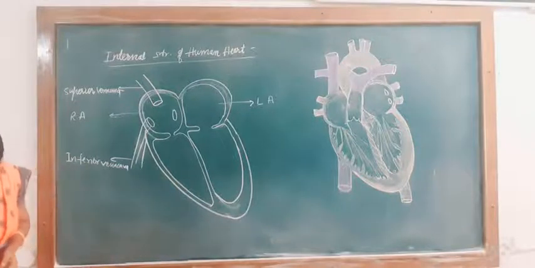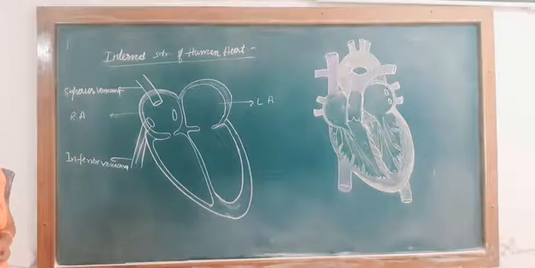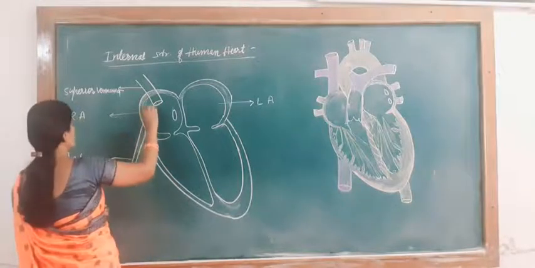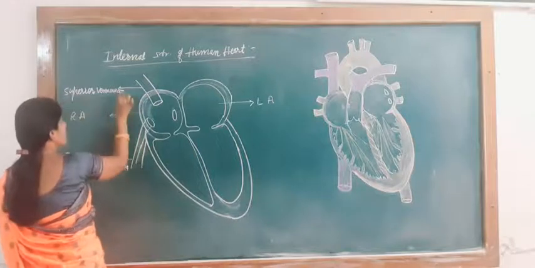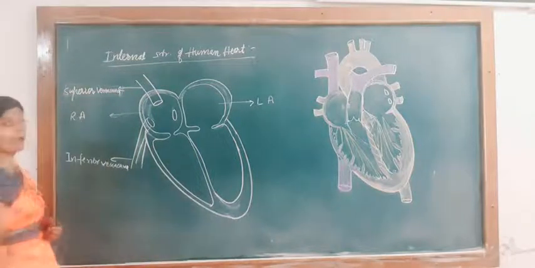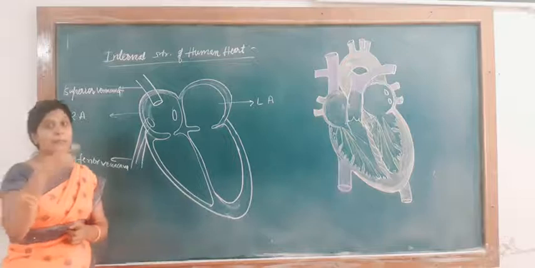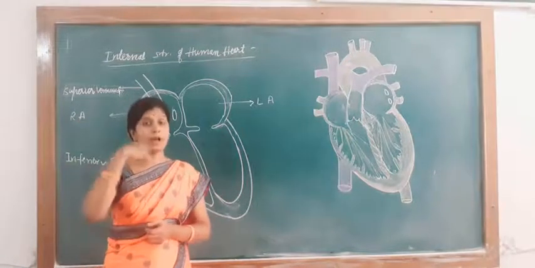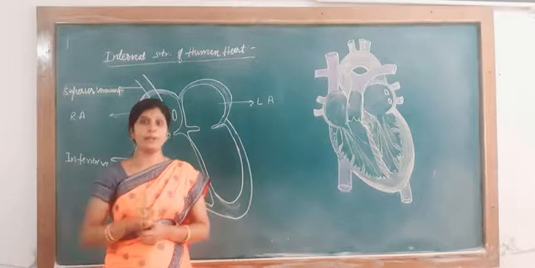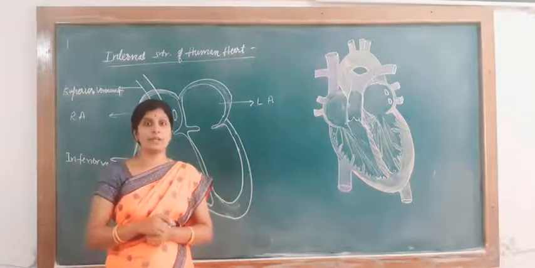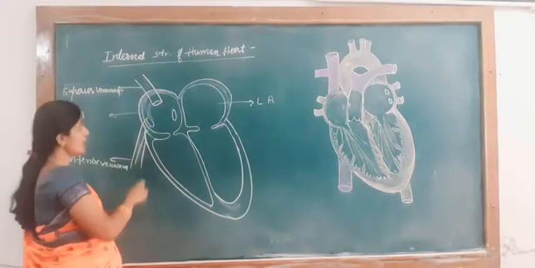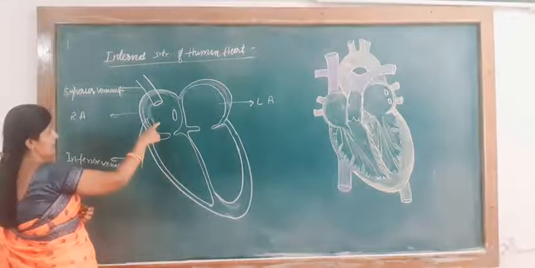The superior and inferior vena cava bring the deoxygenated blood from the body parts. The superior vena cava brings the blood from the upper body parts like head and neck. From the upper side, the deoxygenated blood is collected by the superior vena cava, and that blood is poured into this right atrium.